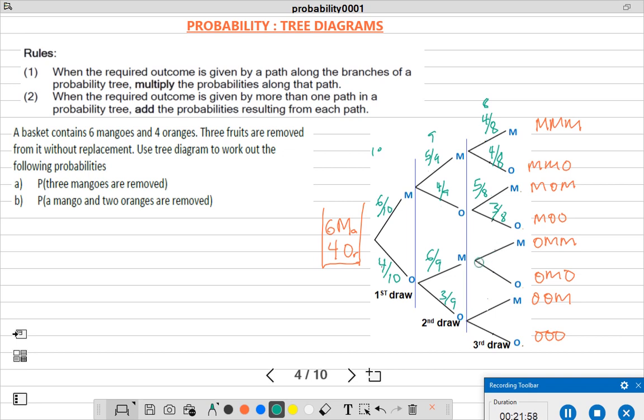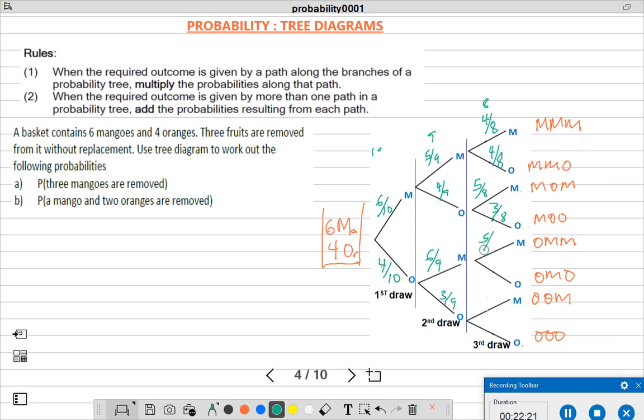Come here. If you have removed the orange and a mango, these are 2 fruits. But 1 is orange, 1 is a mango. So you have 8 fruits remaining. So how many mangoes are remaining? This was 1 mango removed. So you have 5 mangoes remaining.